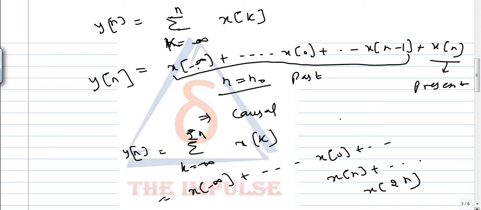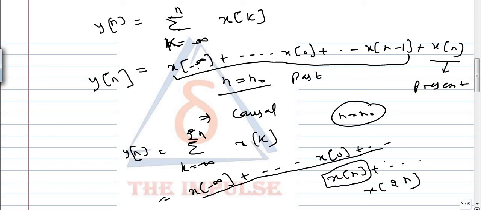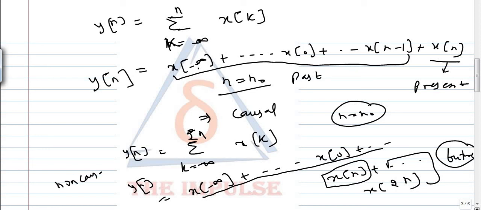So for any present time, n equals n naught, this represents the present value of input. Before this, all are the past values of input, and after this, all are the future values of input. So my output y[n] depends upon past value of input as well as present value of input as well as future value of input. So this system is non-causal.